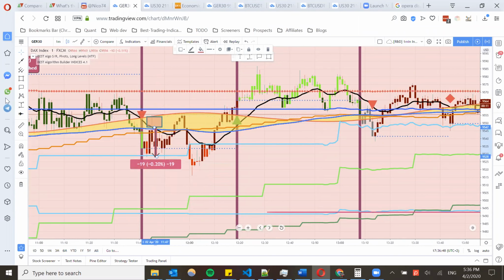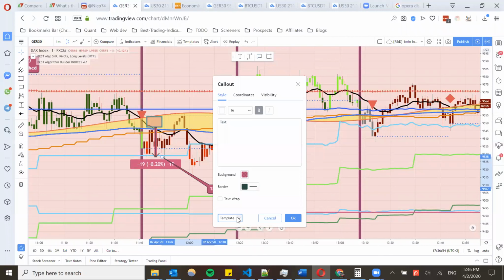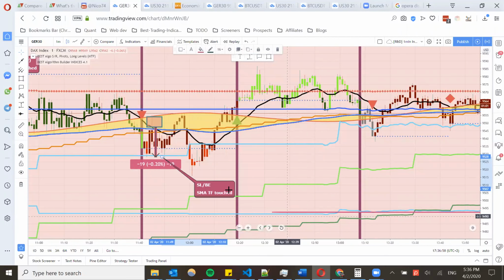Short. Do you take profit or just set your stop loss to break even here? Because the background matches the triangle. Yes, correct. That's correct. So if during the day, at this point, you made your goal for the day with those 19 pips, I would say yes, take profit.